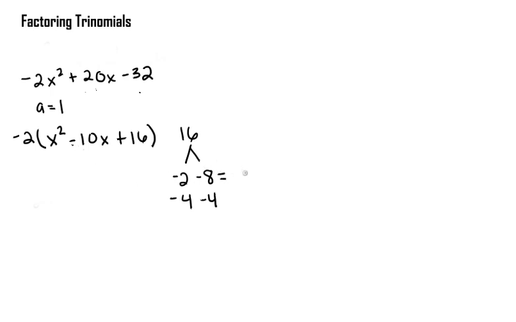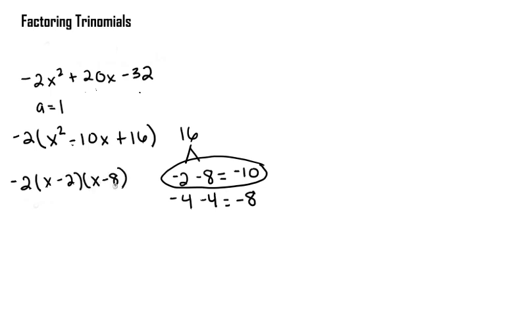So negative 2 plus negative 8 is negative 10, and negative 4 plus negative 4 is negative 8. We know that negative 2 and negative 8 are our factors. So we keep this negative 2 out here in front, and then we write x minus 2 times x minus 8.